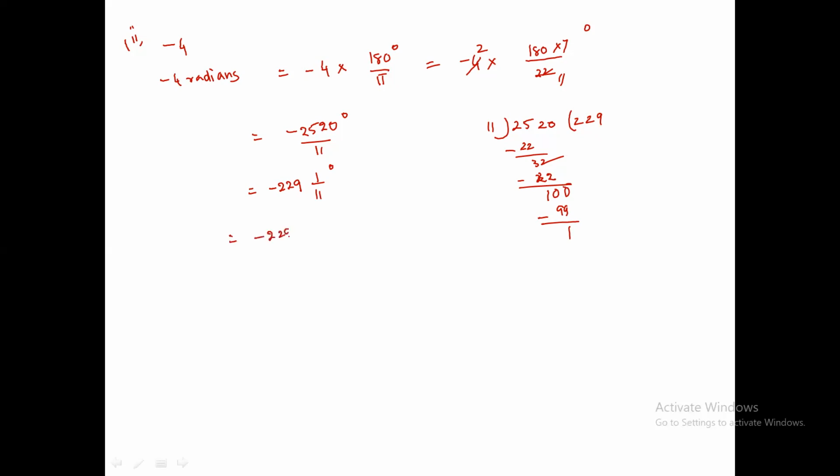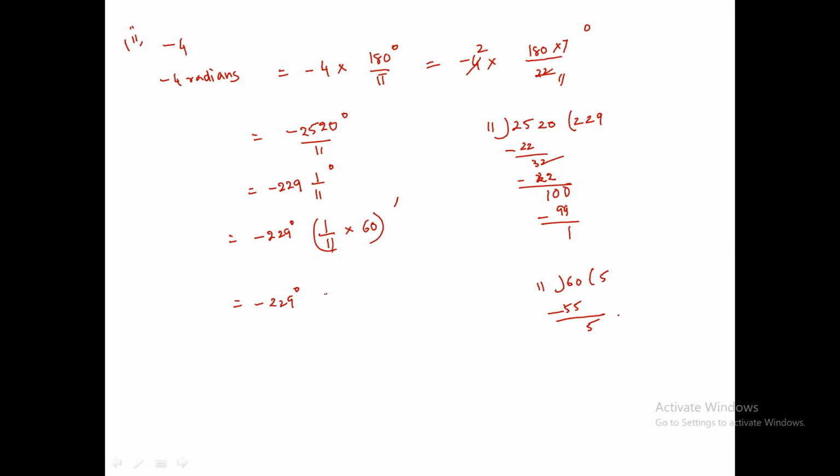Now minus 229 degrees 1 by 11, I can multiply with 60 to convert it into minutes. So minus 229 degrees, 60 you have to divide by 11. 11 5s 55.